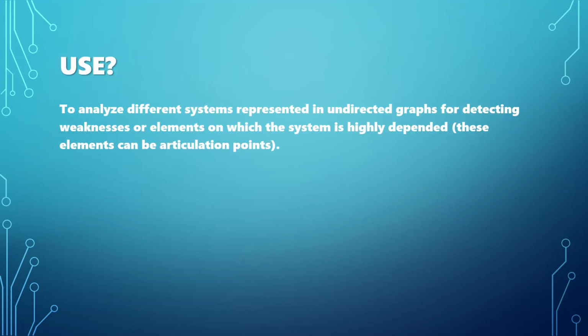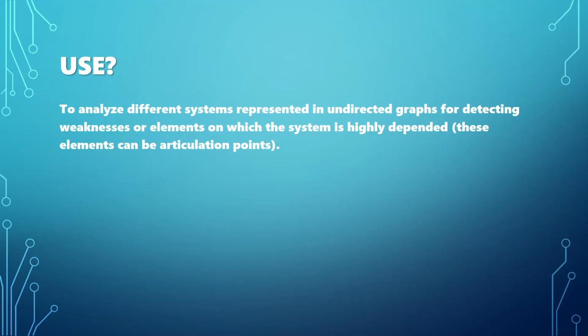Where can we use this algorithm in practical ways? We may use it to analyze different systems represented as undirected graphs for detecting weaknesses or elements on which the system is highly dependent. These elements can be articulation points.